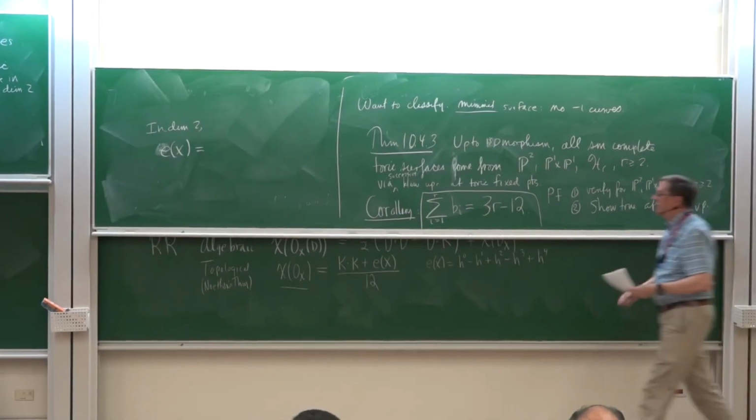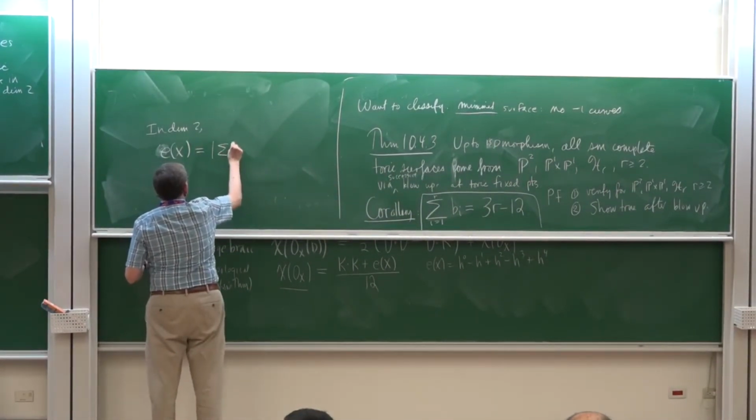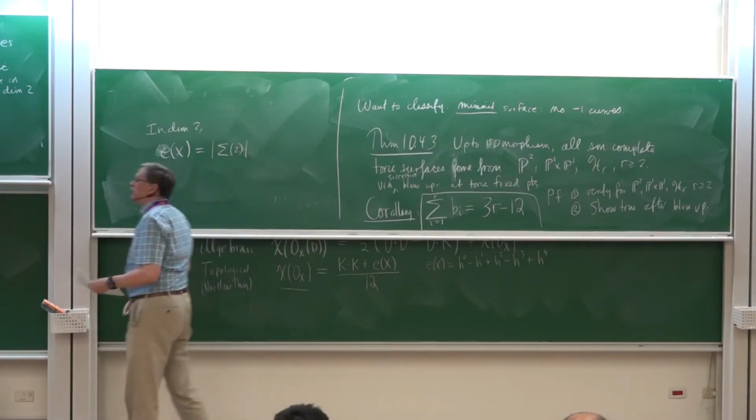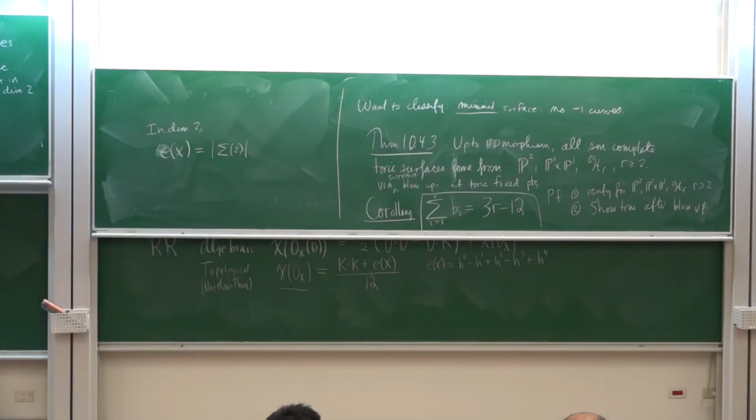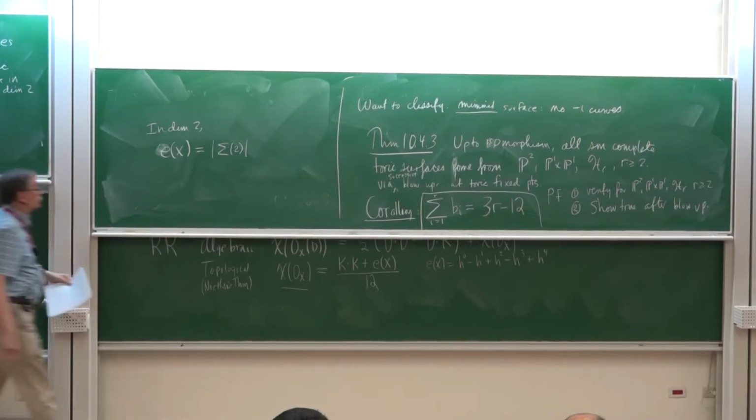So E of X comes from this fan. It comes from the number of two-dimensional cones. So it all comes from counting these guys. But now comes a nice fact that's special in dimension 2, because I have two-dimensional cones, I have one-dimensional cones. How do those numbers relate? And the answer is they're equal. Because when I go around, I basically get r rays, I'll get r cones. So that's special to dimension 2.